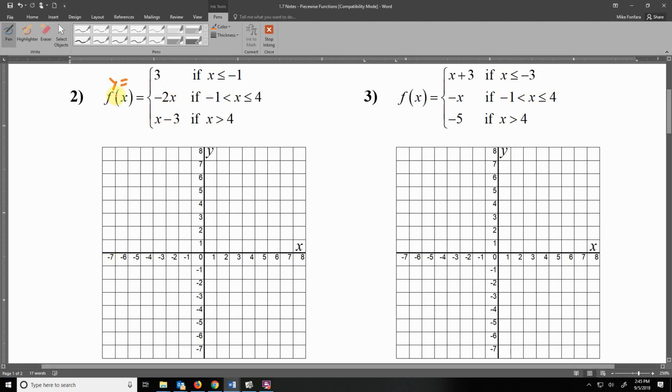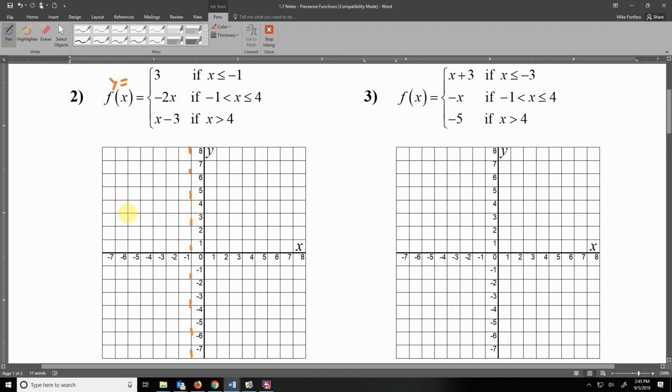So the first equation is y equals 3, which is a horizontal line up 3, but only in the domain of x's that are less than or equal to negative 1. So I'm going to put a little dotted line here. Less than or equal to negative 1 means to the left side of negative 1, and it's y equals 3.